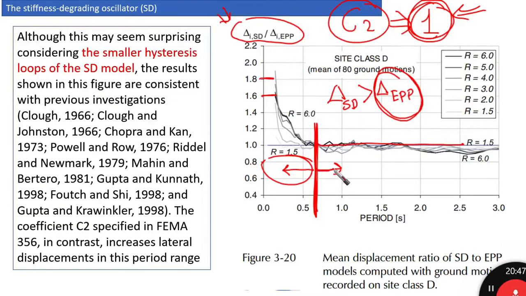But for systems with periods larger than 0.6, which fall into what we call the equal displacement rule region, it is preferred, or at least okay on average, to use the elastic perfectly plastic model.